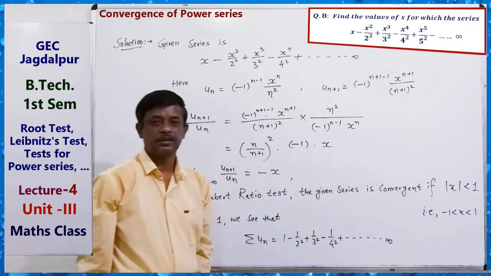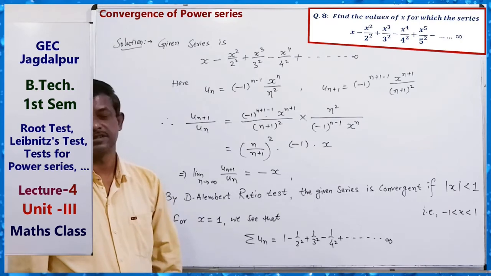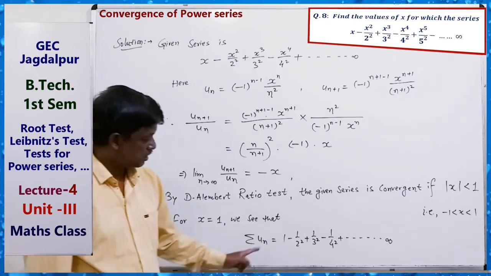And this is an alternating series for x equal to 1.